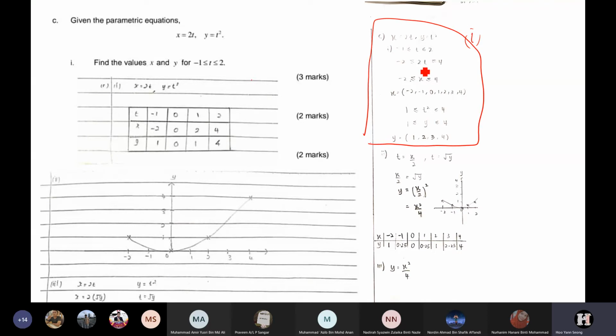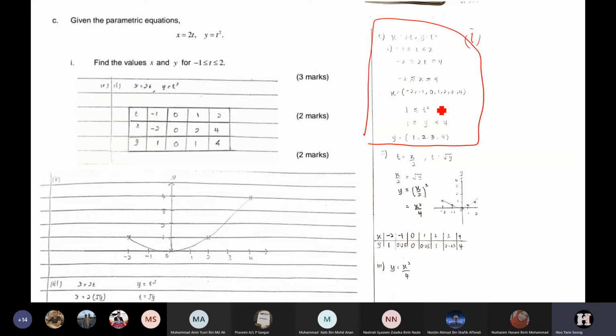The other person just uses the negative 1, 2, and because x is 2t, he multiplied by 2, so x is negative 2, 4. And because y is t squared, he squared the t values to get y. This one is his answer.